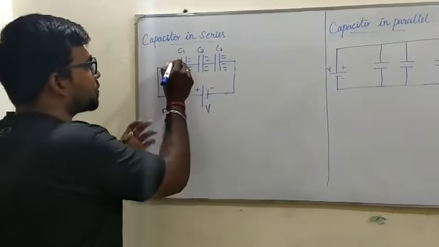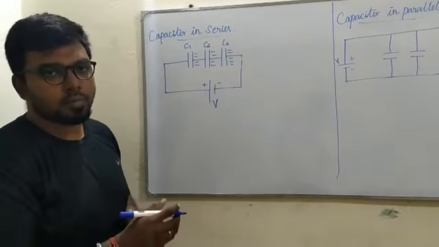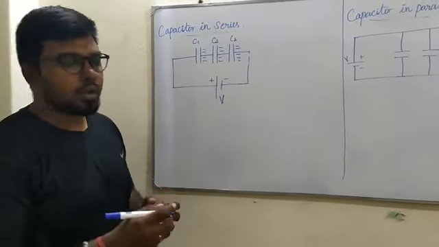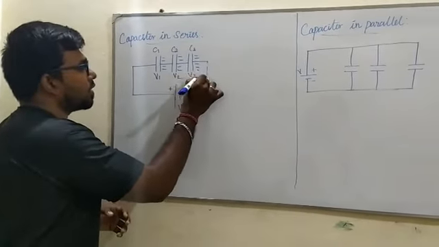From the left side of C1, the electrons are transferred to the positive terminal of the battery, and the voltage across each capacitor varies, so we take it as V1, V2 and V3.